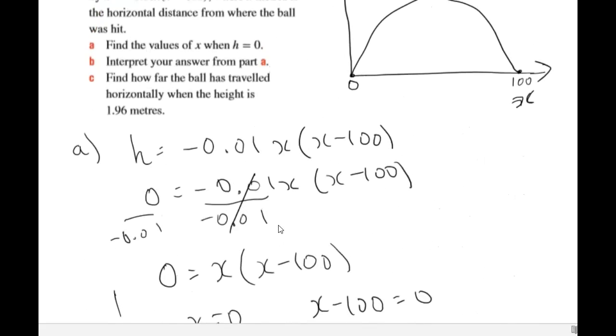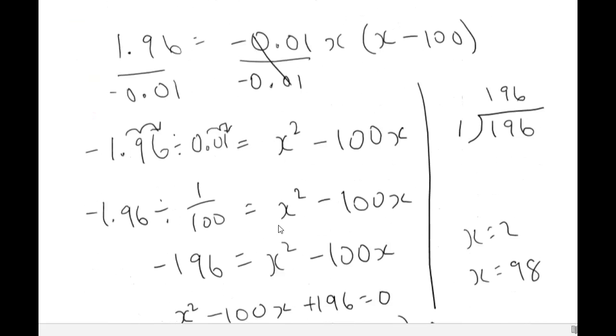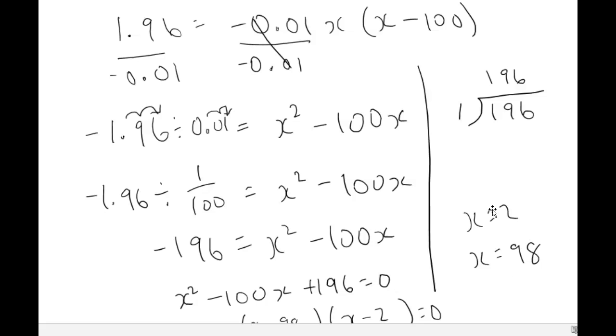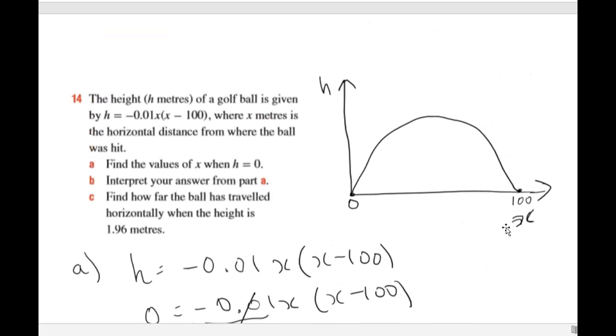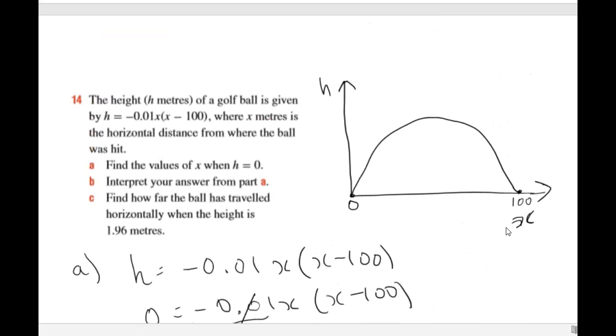So remember, it's also going to be symmetrical. So if I got, say, 2 and 50, when I draw my dotted line like I did before, the distance from this point and 0 should be the same between this point and 100 because they're symmetrical. If I got not 2 and 98, but let's say 2 and 50, I'd know I got something wrong.